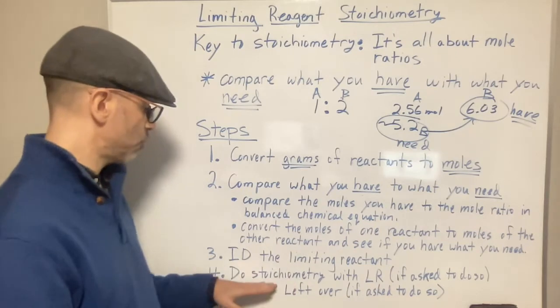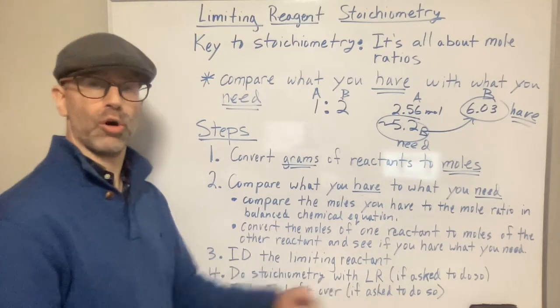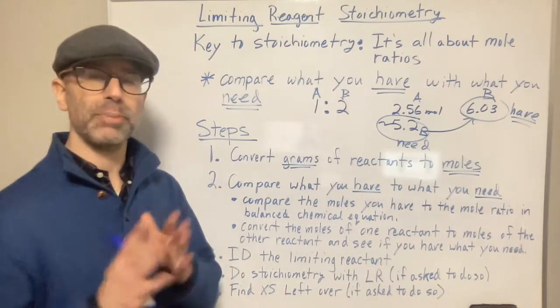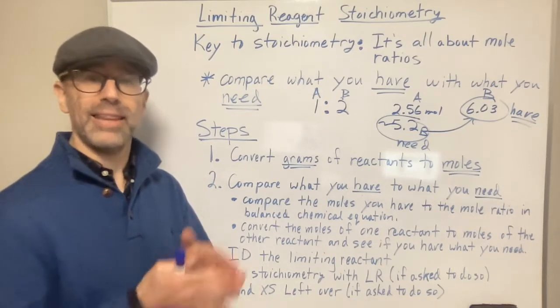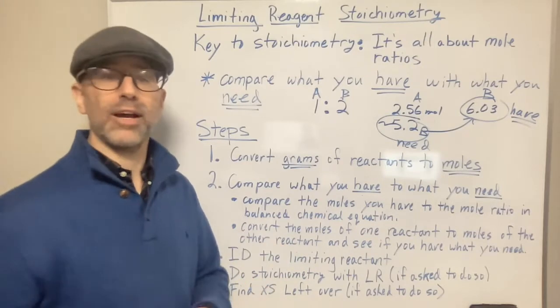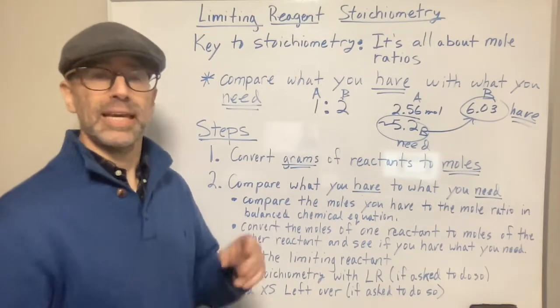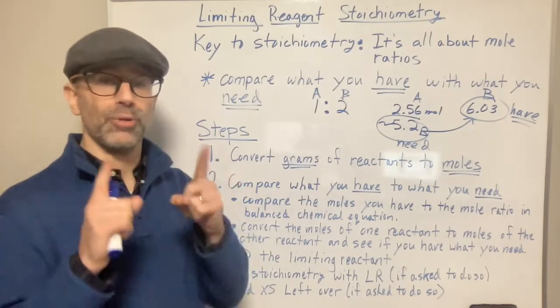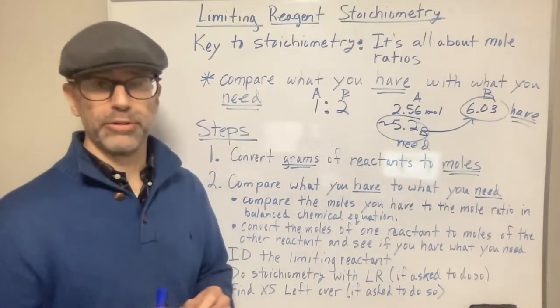They may not ask you to find the limiting reagent. They might ask you, well, how much product was formed from this reaction? And you have to be able to identify that this problem is a limiting reagent problem. And that goes back to what I said before: if they're giving you amounts of both of your reactants, that is a limiting reagent problem.